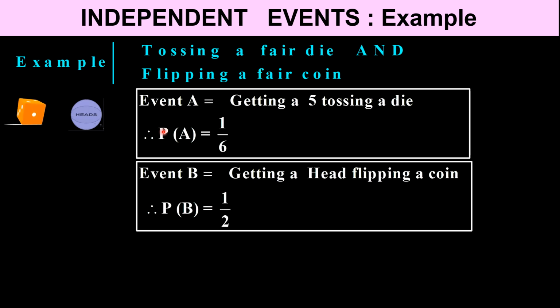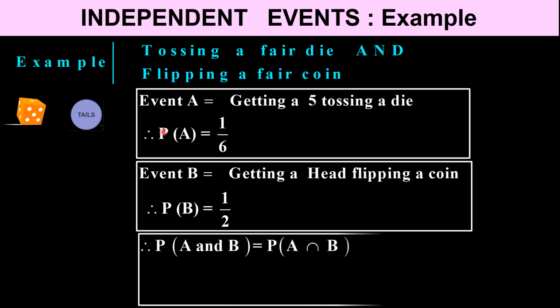Now if you look at that here, flipping the coin is not affected if you toss a 5. The tossing of the 5 is not going to affect the flipping of the coin. So those two events are independent. The one does not affect the other one.